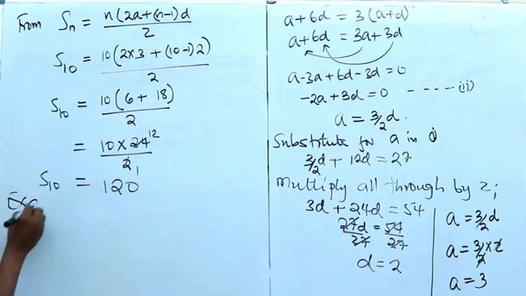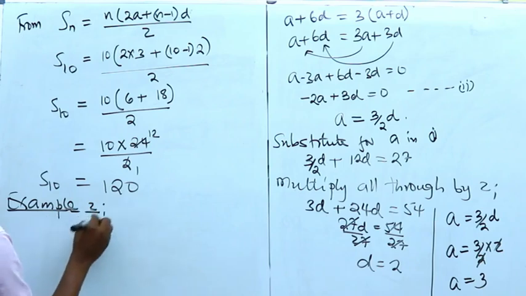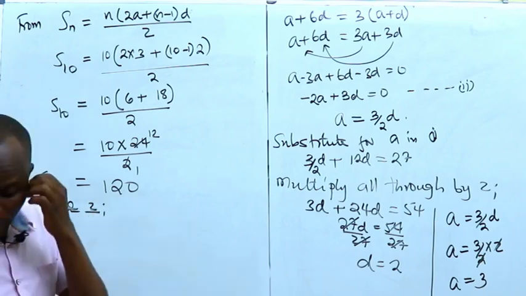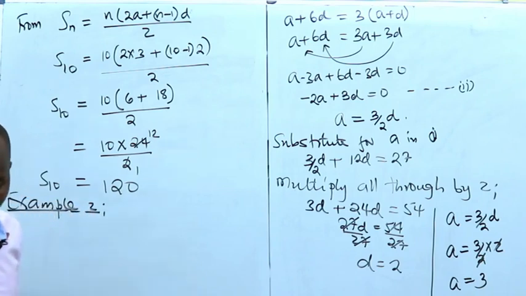Example 2 is saying the first term of an AP is negative 12 and the last term is 40.